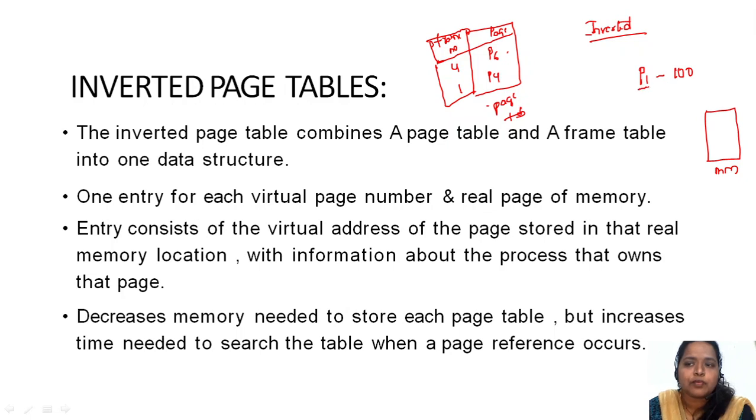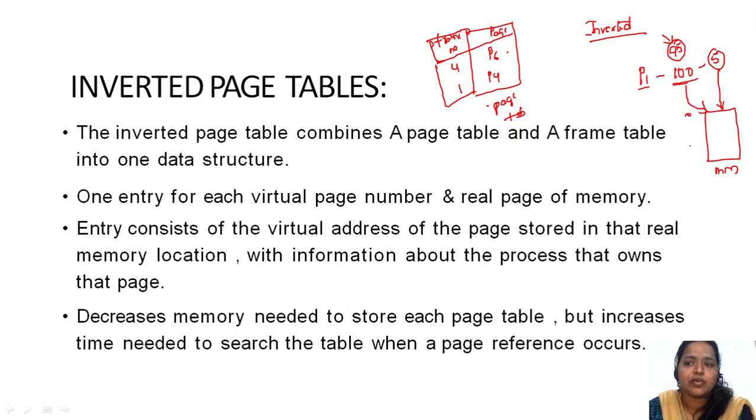So this process P1 is having 100 instructions. Out of 100 instructions, only 5 instructions are stored onto the main memory and 95 instructions are left out. Even though these 95 instructions are left out, we have to store all the page tables onto the main memory.